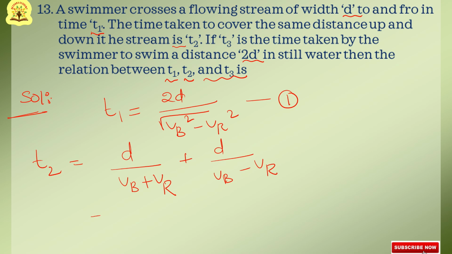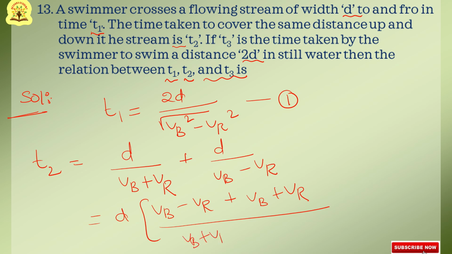Here taking LCM, d of Vb minus Vr plus Vb plus Vr, by Vb plus Vr into Vb minus Vr, a plus b into a minus b. Here minus Vr plus Vr cancel.